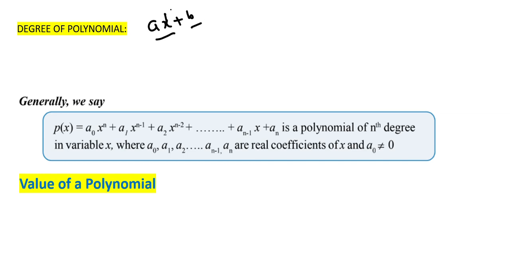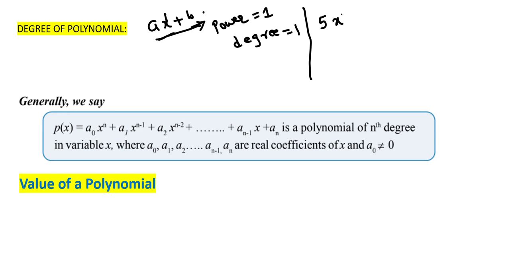Look at here, x power 1 is there. In the complete algebraic expression, you have to take the highest power. Here, x power 1 means the degree is 1.